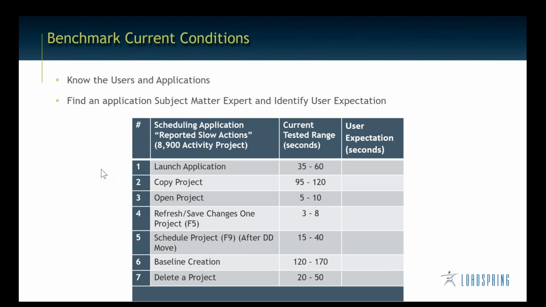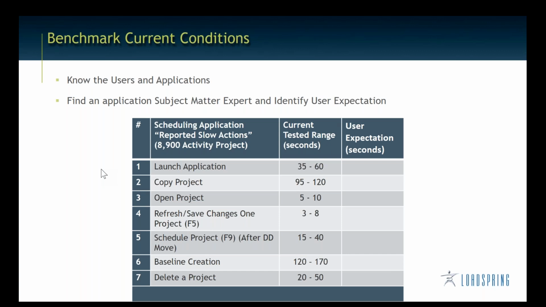And the key here is, if you do not know how to use the application, or let's say know standard capabilities and functions within the application, it's key to find a subject matter expert as you go through to learn what are, let's say, the top function points, most critical function points, and how long should they take based on history. And what you're looking at on the screen here are 7 examples, 7 functions that would apply to, in this case, a scheduling application.